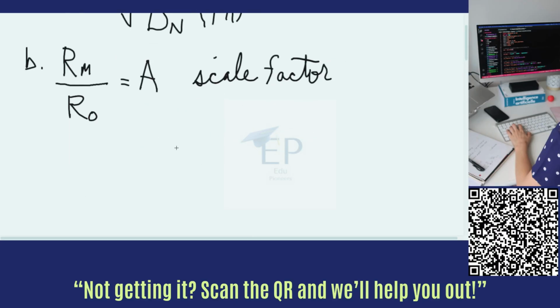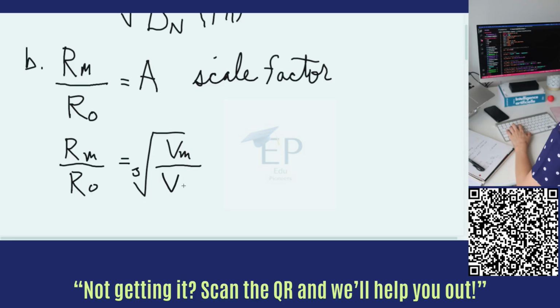So we know a few simple things that we can use to make this problem go quicker. The first being that this ratio, R modified compared to R original, is proportional to the cube root of the corresponding volume modified to volume original by the fact of the spherical volume equation.